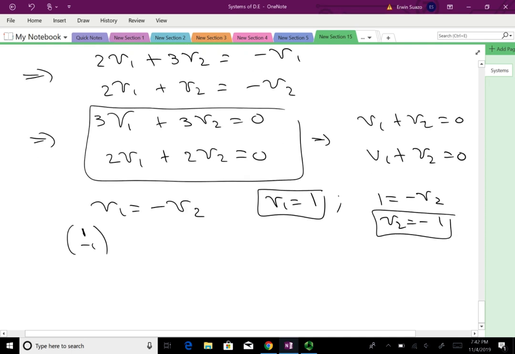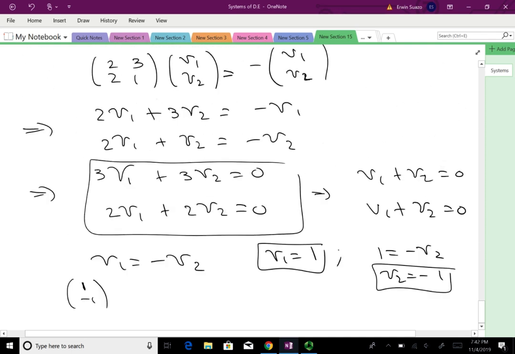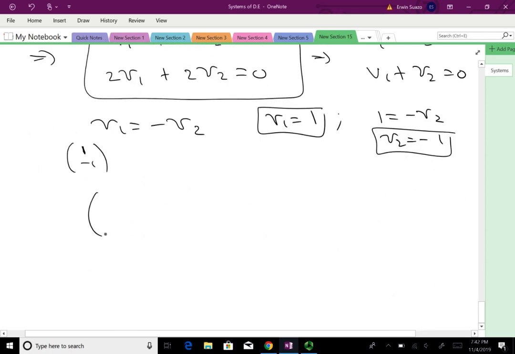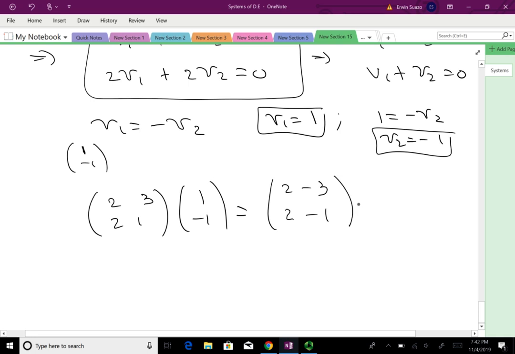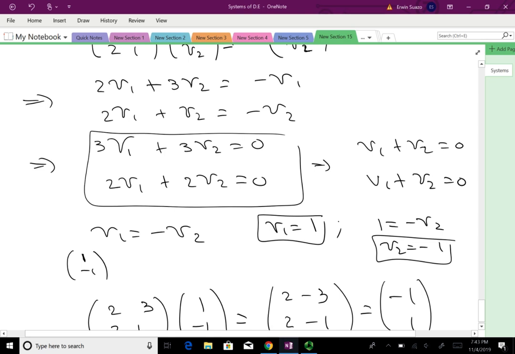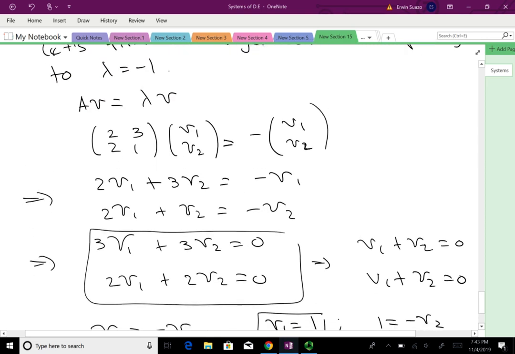Fine, let's check it. 2, 3, 2, 1 times 1, minus 1. I get 2 times 1 is 2, plus minus 3, and then 2 times 1 is 2, minus 1. So 2 minus 3, 2 minus 1, and you get minus 1 and 1. What is the eigenvalue? The eigenvalue is minus 1.